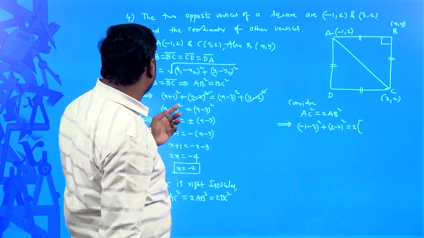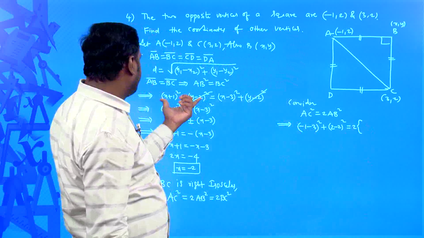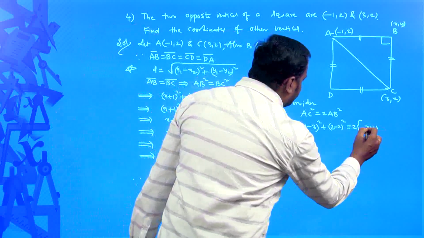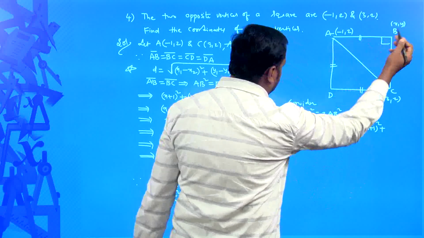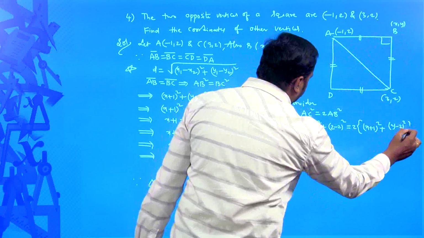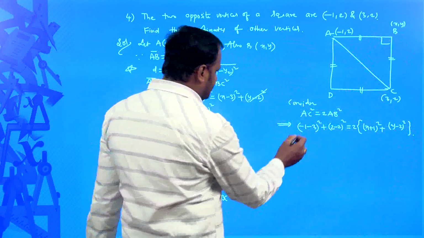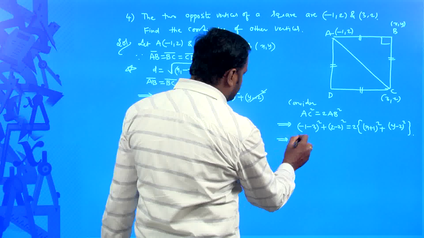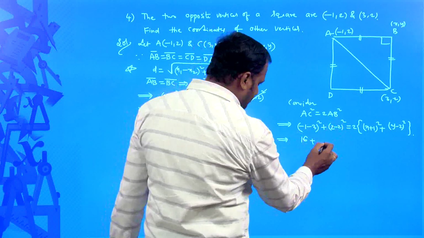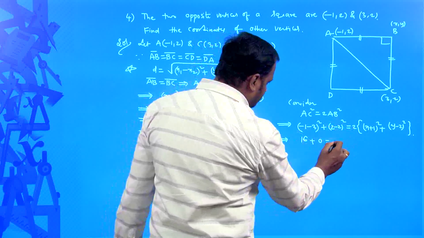I think we already found AB square here. This is AB square, right? (x plus 1) whole square plus (y minus 2) whole square. To simplify this, minus 1 minus 3 equal to minus 4, whole square is 16, and 2 minus 2 is equal to 0, is equal to 2 times.